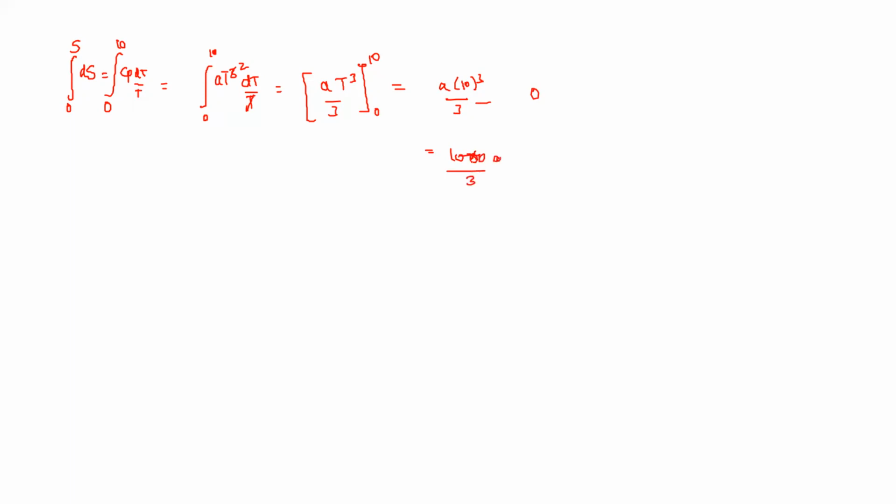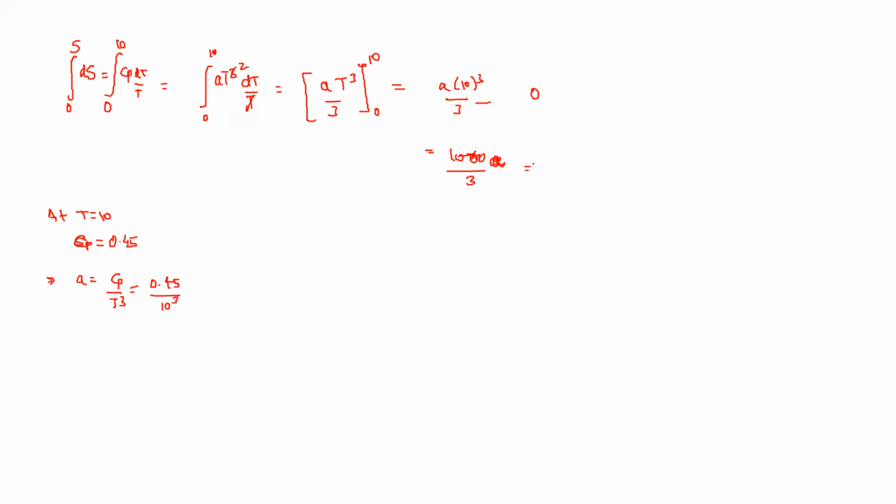That is going to be 1000 by 3 A. Now, one thing that they have given is that at T equals 10, Cp is equal to 0.45. So from here, we can get A is equal to Cp by T cube, which is 0.45 by 10 cube.